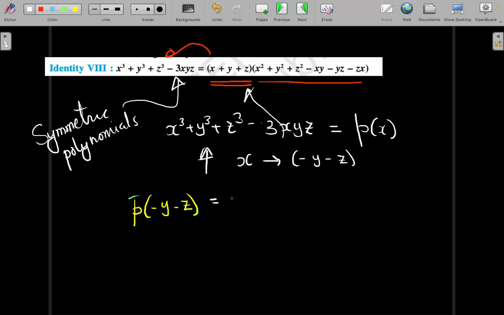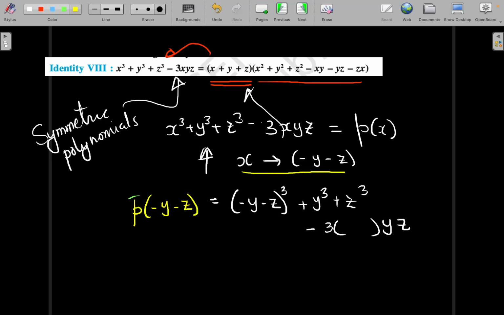So now this will be minus y minus z whole cube plus y cube plus z cube minus 3 yz into x, but remember that for x we are writing minus y minus z. And now let's expand it and see what you get. For this part we just have a formula. So let's use that formula now.